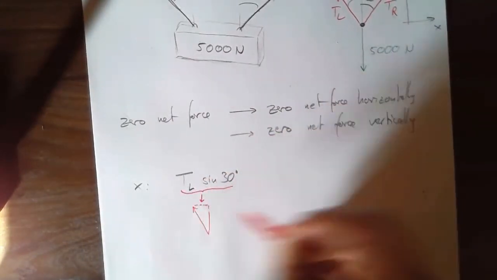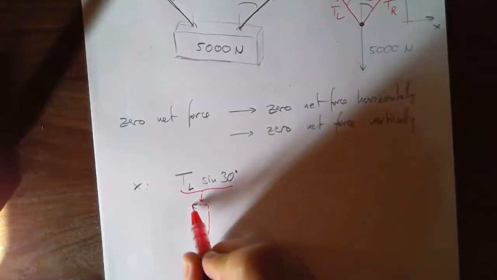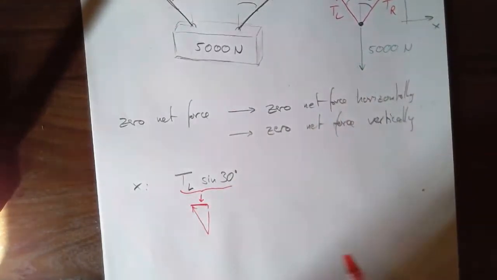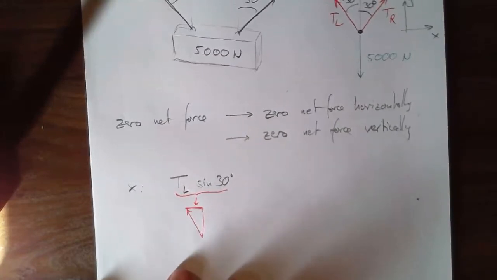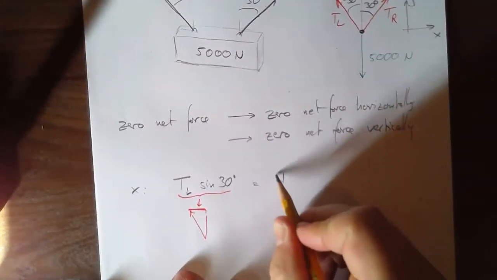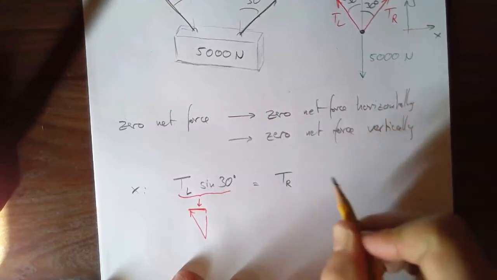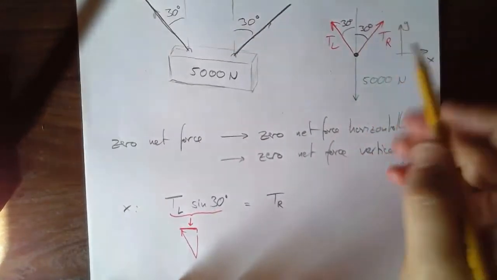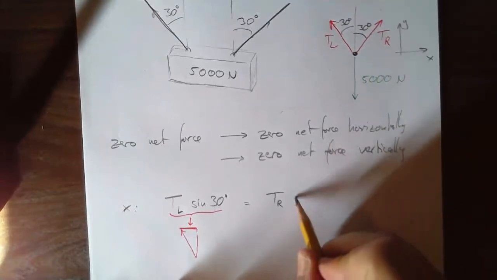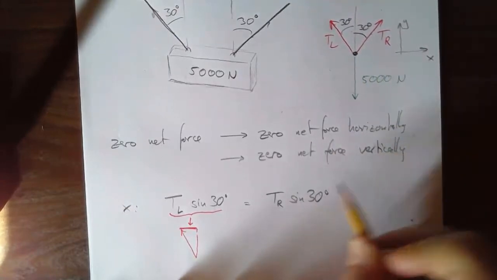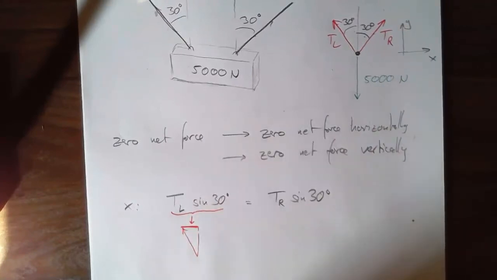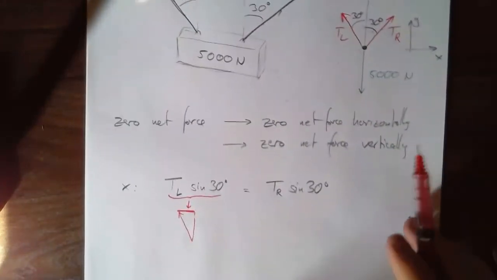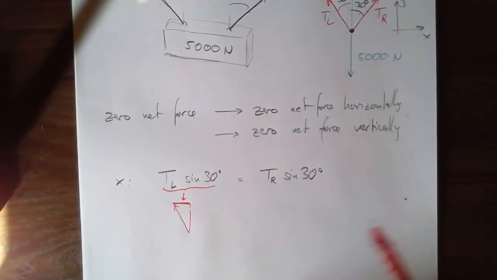That is this side here on the top, right? This part here. And that better be equal to TR, well, the horizontal component of this, because this is pulling to the right, sine of 30 degrees, because this is also 30 degrees. Coincidence, perhaps. We could have a situation where the cables are at different angles, then I'd put a different value here.